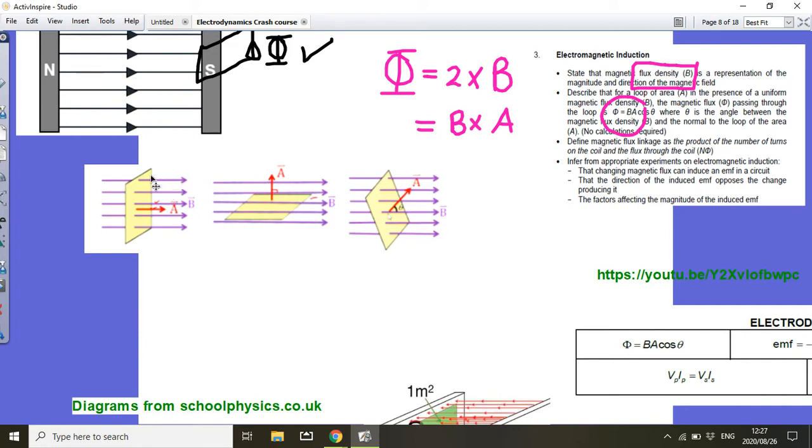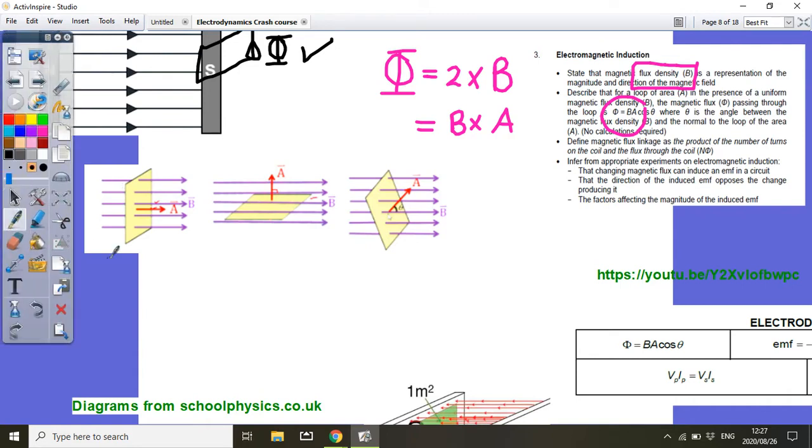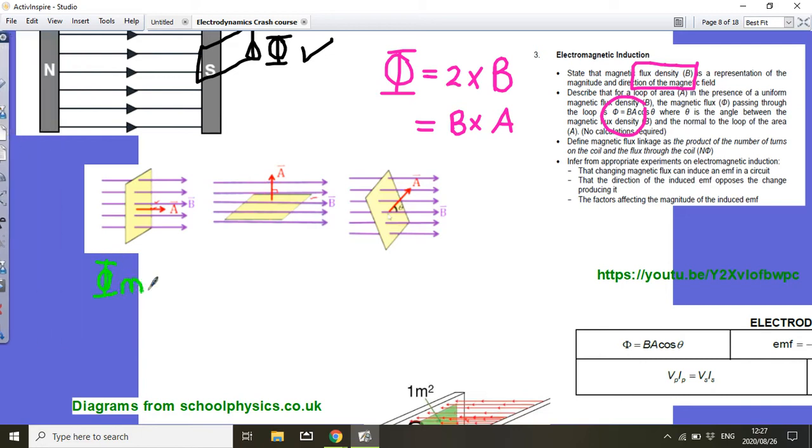So that means I've got a high magnetic flux. When it's in this position, if you look at the yellow area there, again there's nothing. No lines are passing through that area. So my magnetic flux here is 0. So here I have a magnetic flux that is a maximum, and here I have a magnetic flux that is 0.